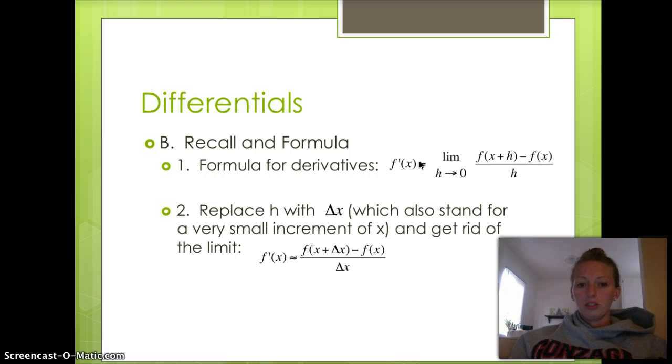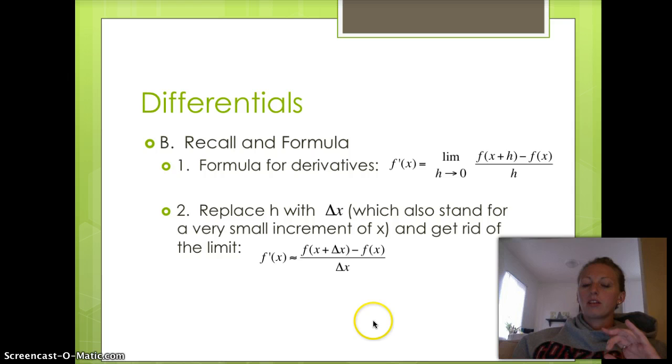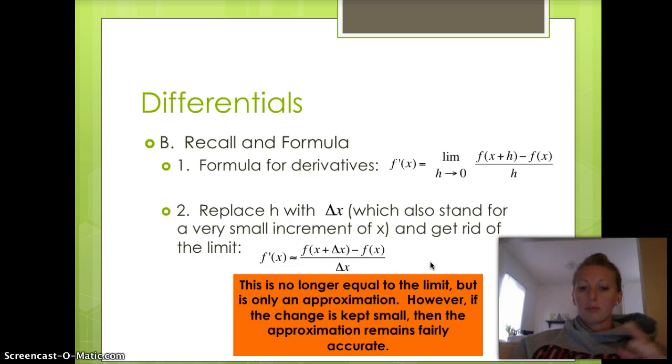So basically what we do is we replace h with change in x, which also stands for the really small increment that we're changing, and then get rid of the limit. So it's this same equation that you see up here. We've just replaced the h with the change in x right here, and then got rid of the limit part. So it's no longer equal to the limit because it's an approximation.